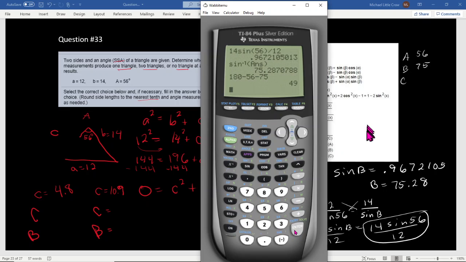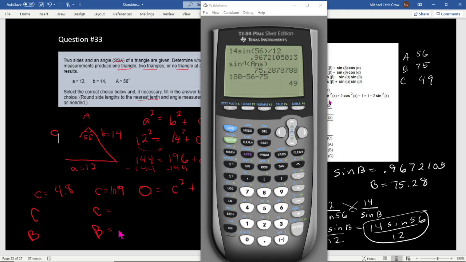It's going to be 49. Which of these two sides does that all go with? 75, 49. There's one set.